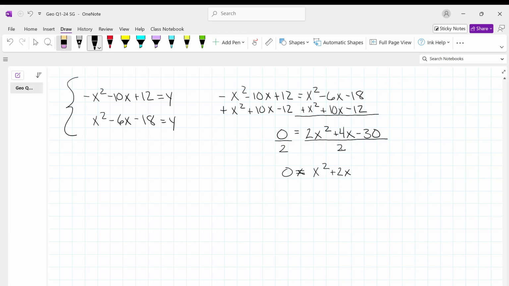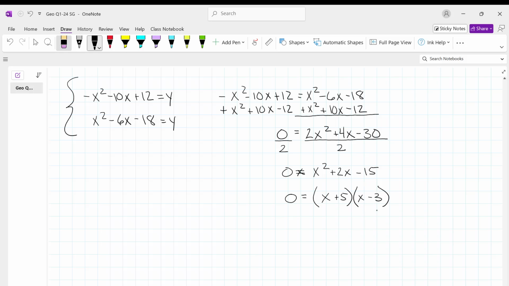And negative 30 divided by 2 is negative 15. So our 0 is equal to x plus 5 times x minus 3. 5 times negative 3 is negative 15. 5 minus 3 is 2.